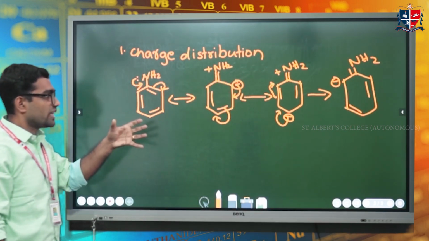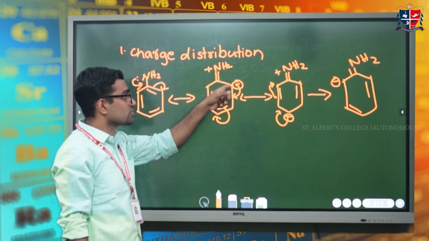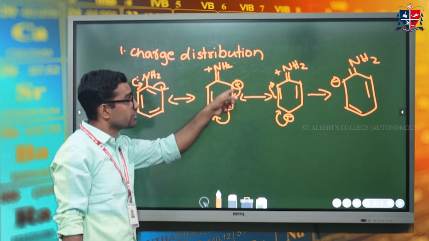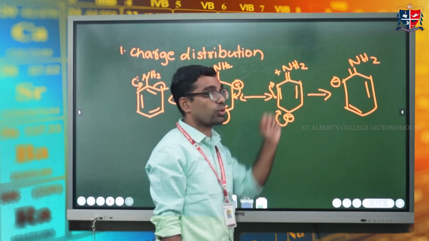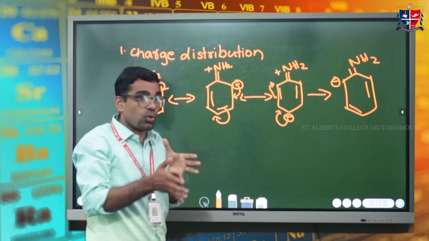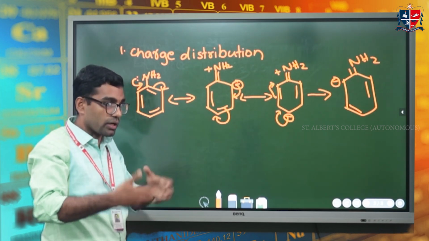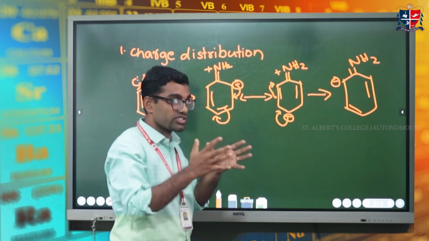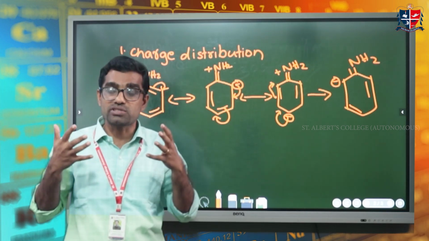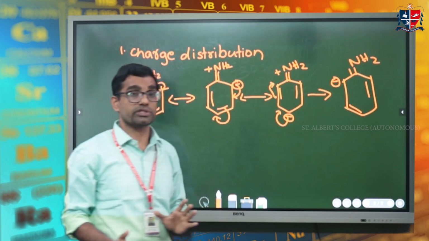So you see the positions of the negative charge. In the first resonating structure the negative charge is in the ortho position, now it is in the para position, again in the ortho position. So there is no electronic charge density or accumulation at the meta position. The negative charge concentration is more at the ortho para positions.